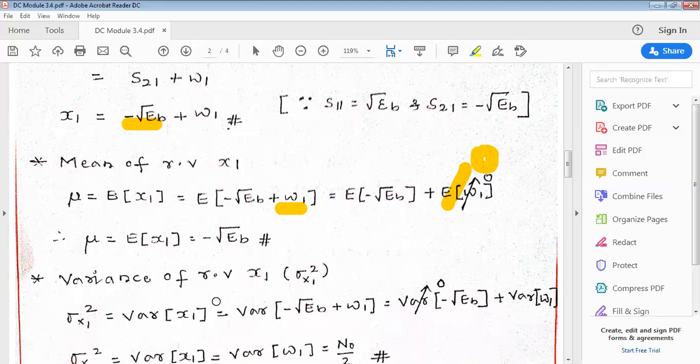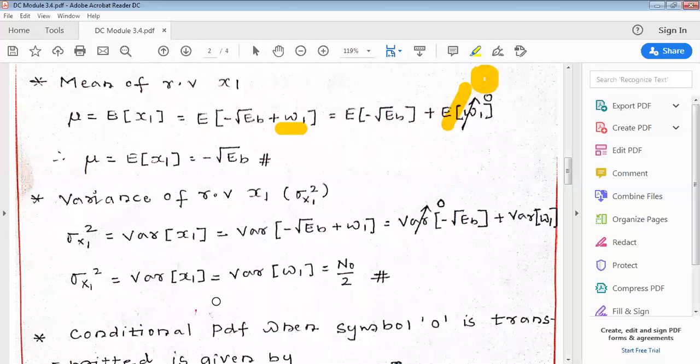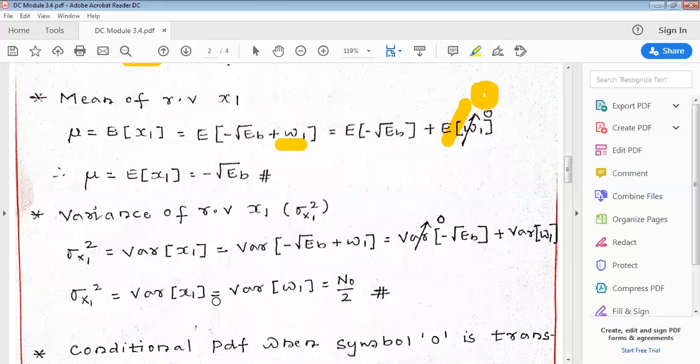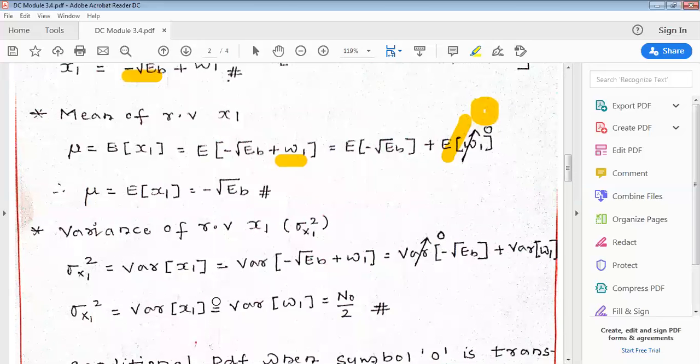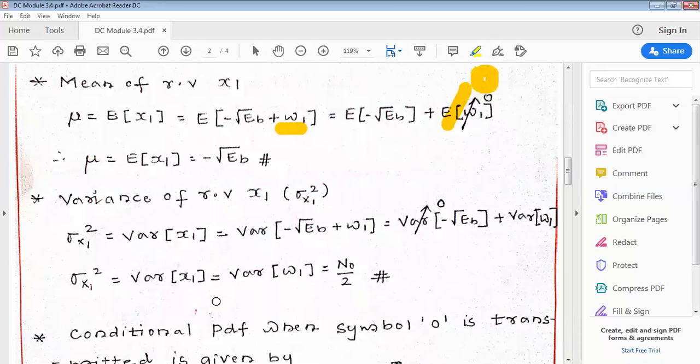So now let us find the variance of this random variable x1. In the coming steps, you will understand why there is a necessity of calculating this mean as well as variance, right?